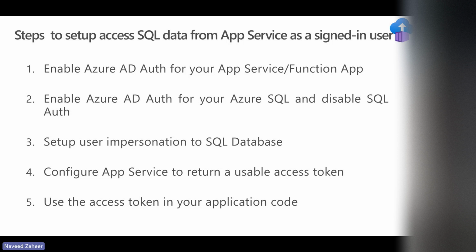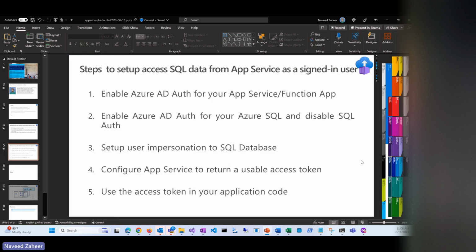Finally, you will have to set the scope, and we will walk through these steps, get that token, and configure it in the code of your app to request the data from the SQL. Those are some of the steps, and you will see they're very easy to set up. Any questions while we move further?